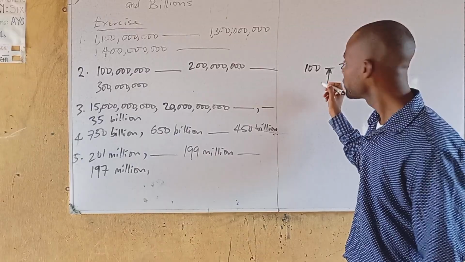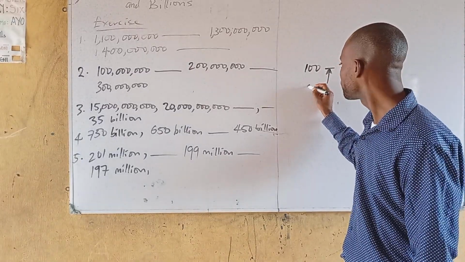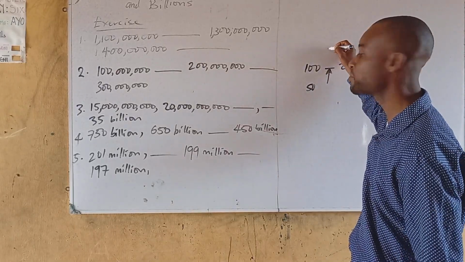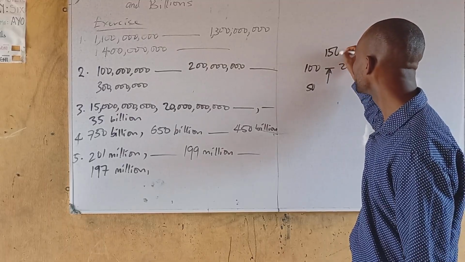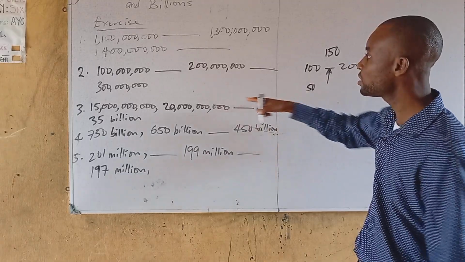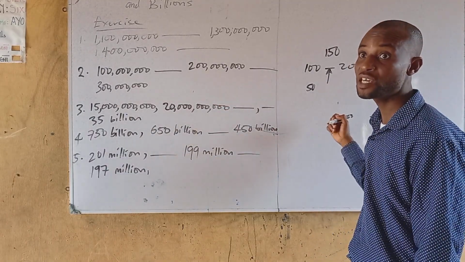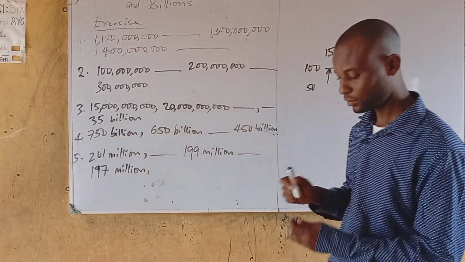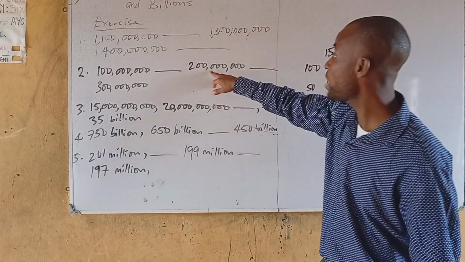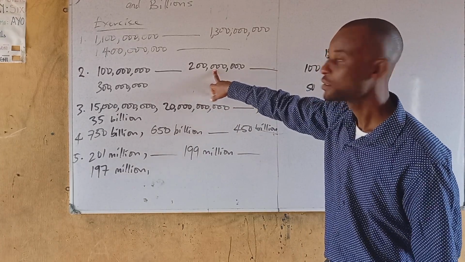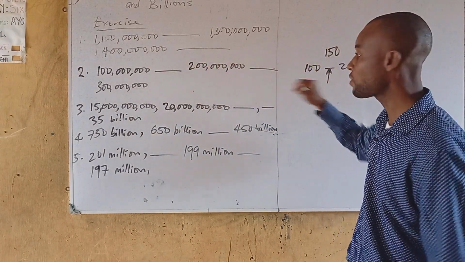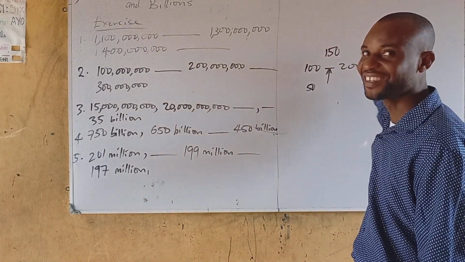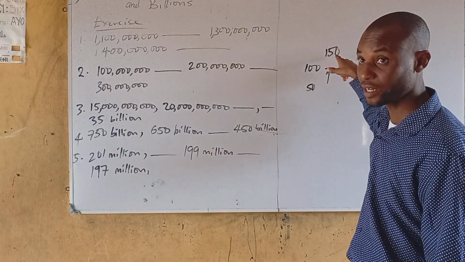Half of 100 is what? 50. That means you add that half to 100. What would that number be? 150. What is that? Billion, yes. Sorry, million, yes, because after that it's 6 zeros. So 150 million. Teacher doesn't know numbers. What a shame.